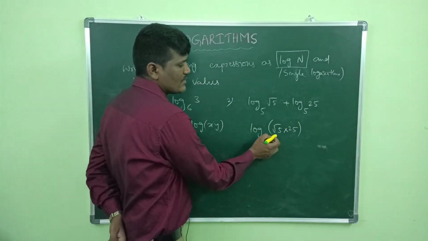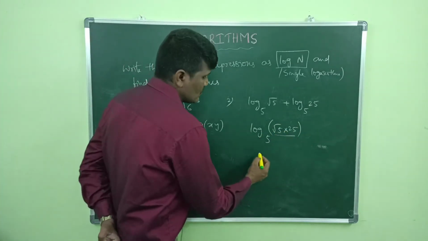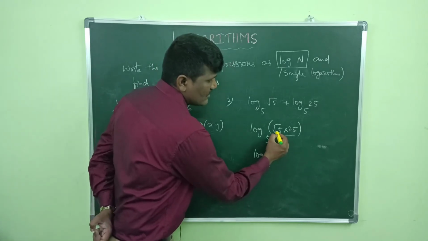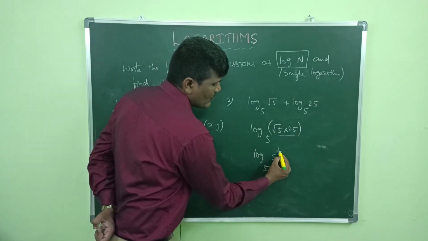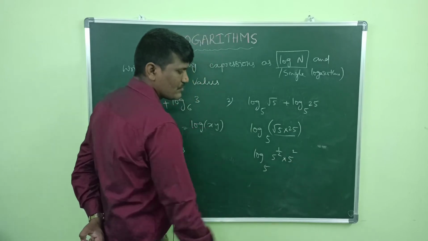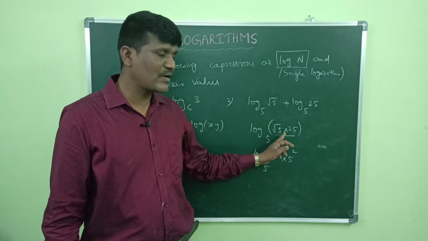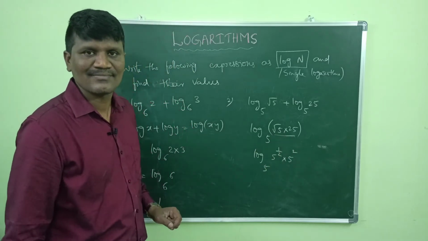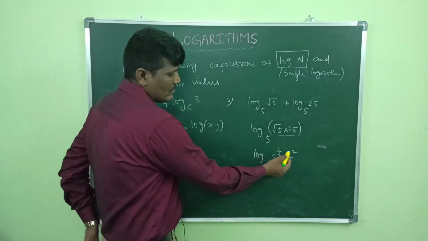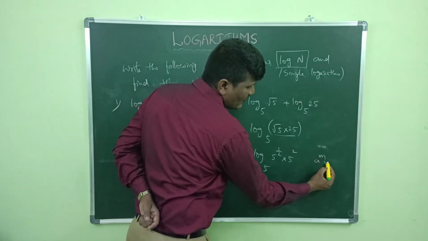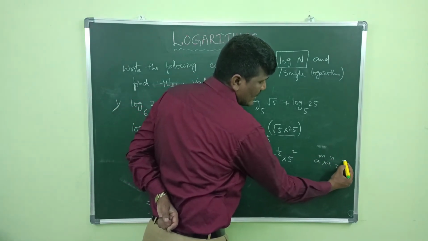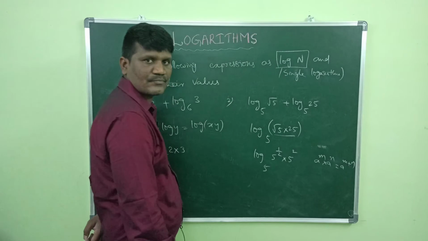Now you can use simplification. Log 5, this you can write as 5 power 1 by 2 into 5 square, because 25 I can write as 5 square, and root 5 I can write as 5 power 1 by 2. You know the formula, a power m into a power n is equal to a power m plus n.